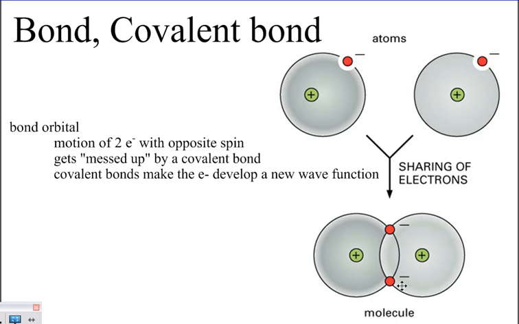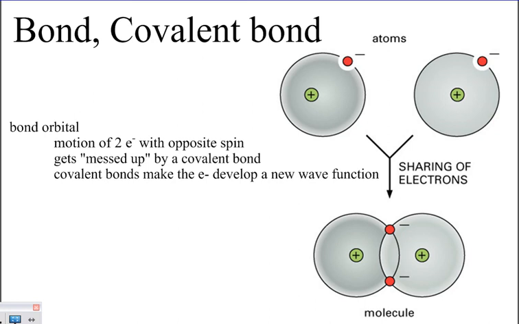Okay? When a covalent bond forms, the electrons that are being shared are going to have to develop a new bond orbital, which hopefully you remember from the previous unit was simply the motion of two electrons with opposite spin. So when a covalent bond forms, it disturbs the usual wave function or shape of the atom.